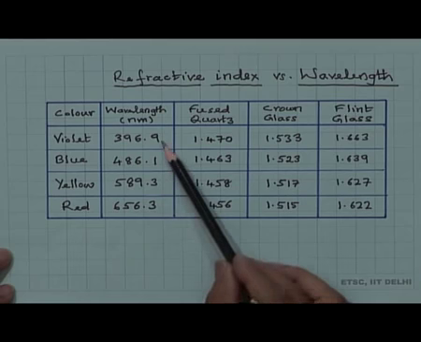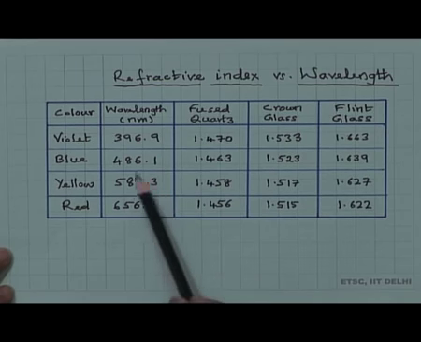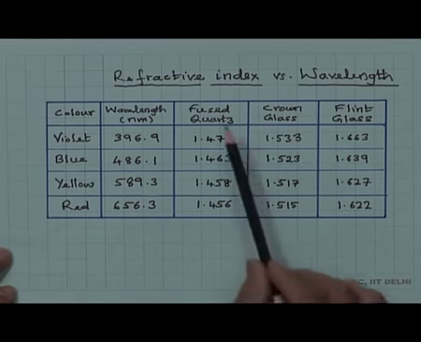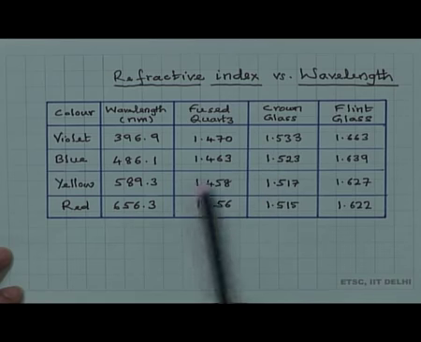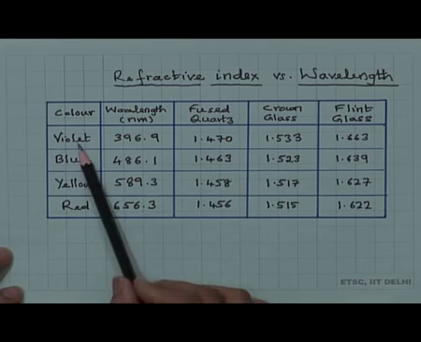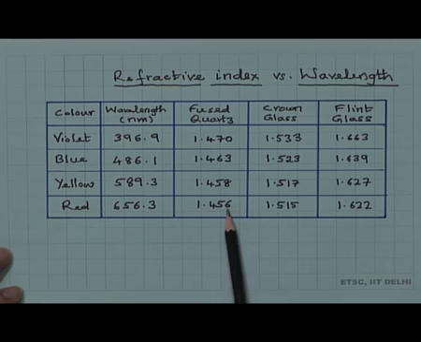Three of these wavelengths are lines from the hydrogen spectrum, and 589.3 nanometer is the sodium line. For fused quartz, the refractive index is highest for violet, 1.470, and keeps on decreasing: 463, 458, 456. The change is not much, but it is continuously decreasing.